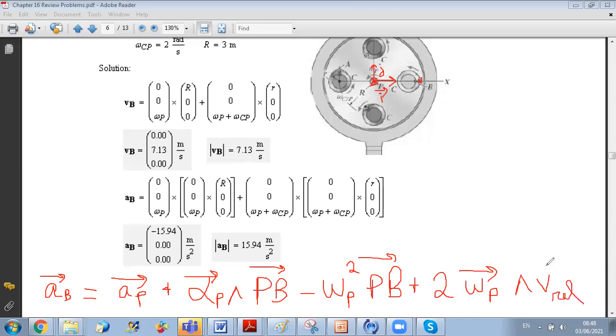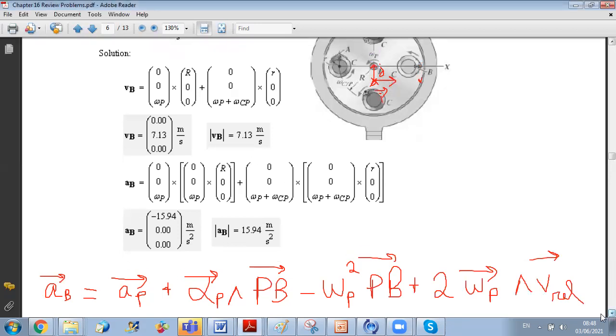Okay. Plus the only new term for us, which is A relative. So we should add plus A relative. Now what is A relative? Already AP is 0 because P is fixed. Alpha P is 0 because we said omega P is constant. Omega P is given.